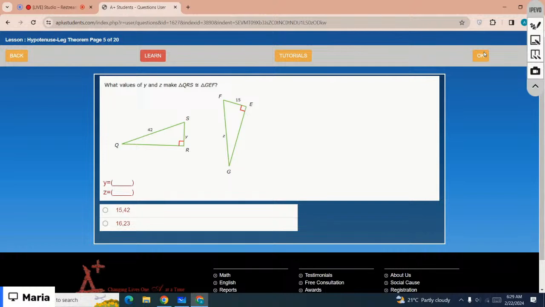What value of y and z makes QRS congruent to GEF? So, which is the correct option?